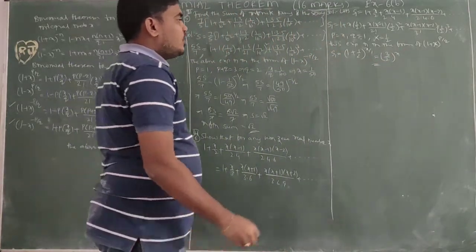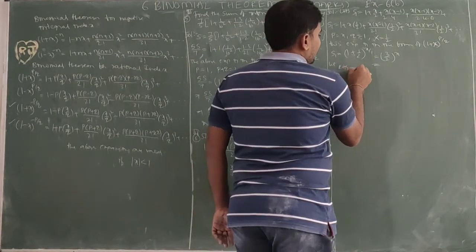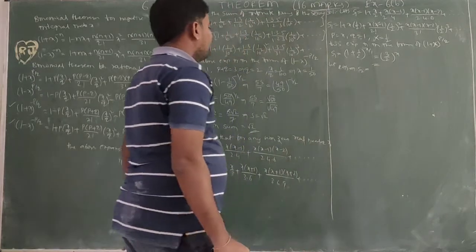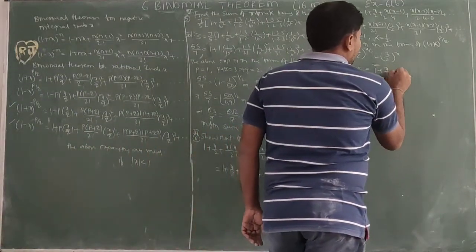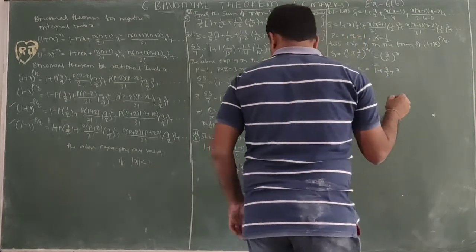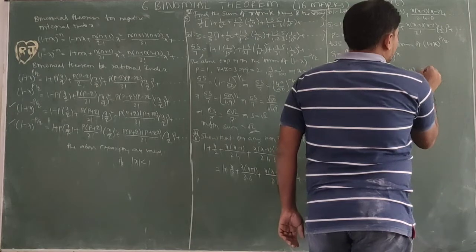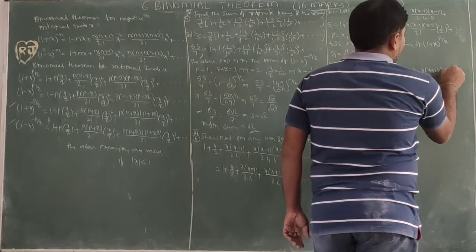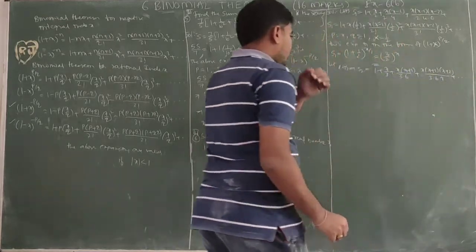Now S2, the RHS. S2 = 1 + x/3 + x(x+1)/(3·6) + x(x+1)(x+2)/(3·6·9) + ... up to so on.